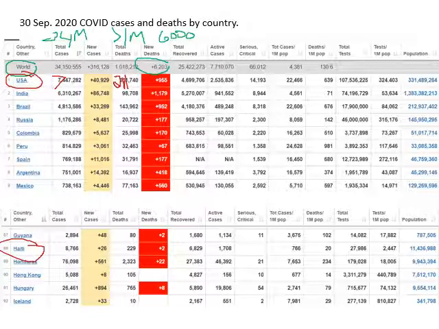Almost 9,000 cases. It lists 229 deaths. Do you think that's true, or are there more? And you can see some other countries, Honduras, Hong Kong, etc. You can pause and discuss this if you would like.